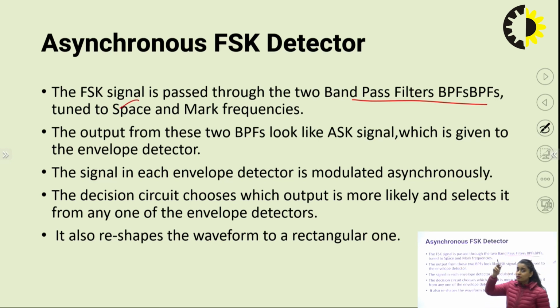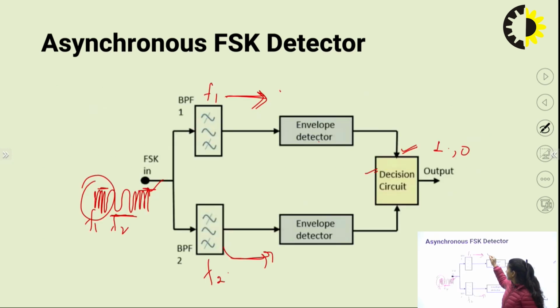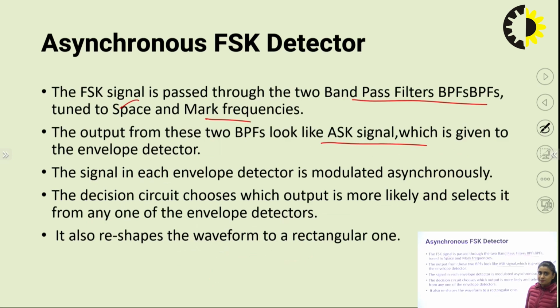One is tuned to the F1 frequency corresponding to bit 0, and the other to the mark frequency corresponding to bit 1. The output of these two band pass filters looks like an ASK signal. True, the output will look like ASK. Why? Here it will be like this, and no. Here it will be no, then this, right? True, because for the first bit duration this will pass, for the second bit duration this will pass.